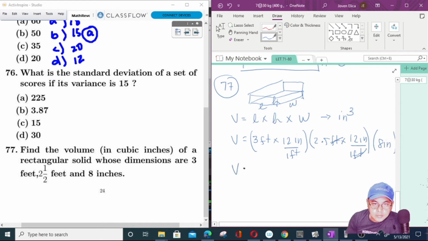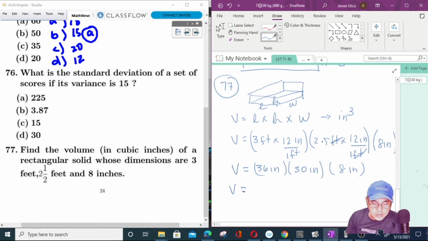So therefore, the volume is equal to 3 times 12, this is 36 inches, multiplied by 2.5 times 12, which is 30 inches, times 8 inches.